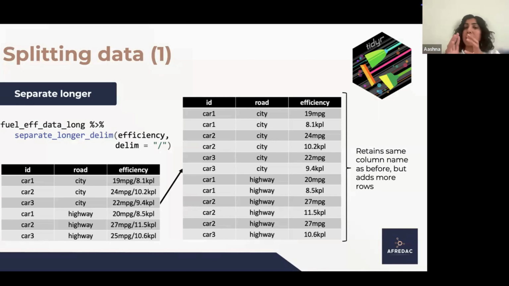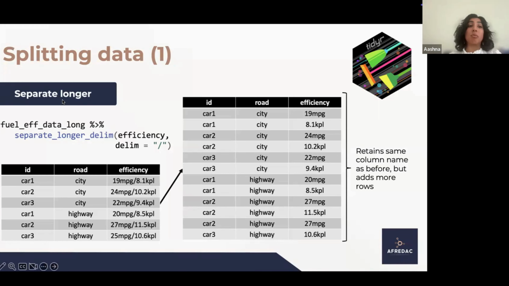I don't want them to appear in one cell. I can split it so that each row contains its own value, for example. There's also a way to split it width-wise so that one column is MPG and one column is kilometers per liter. But this particular example shows you how to separate it by rows.